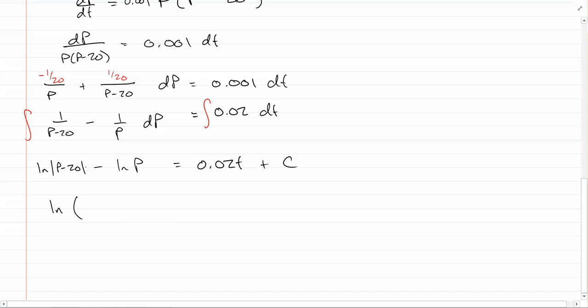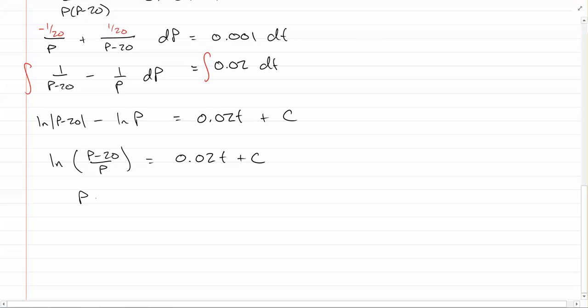I can also rewrite the difference of natural logs as the log of the quotient. So that means that p minus 20 over p would be e to the right side, which is the same as e to the c times e to the 0.02t.